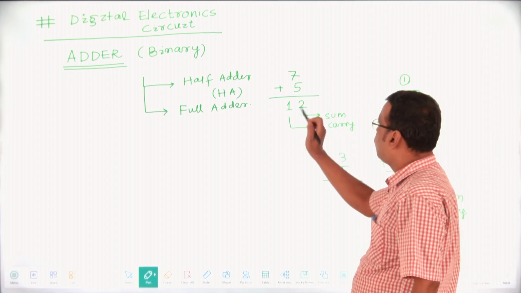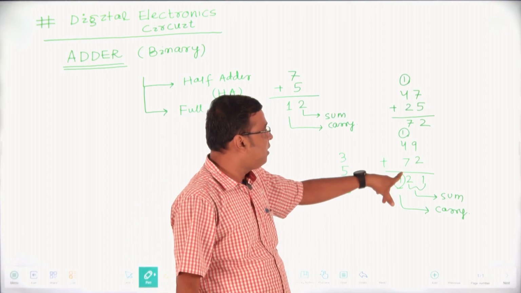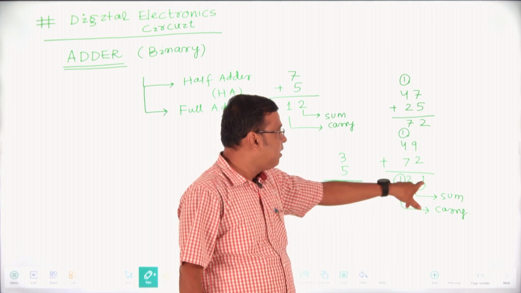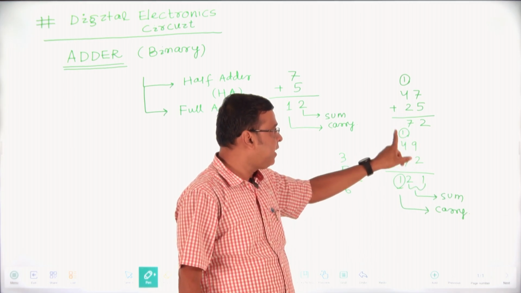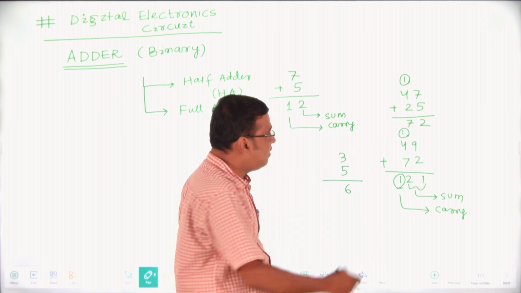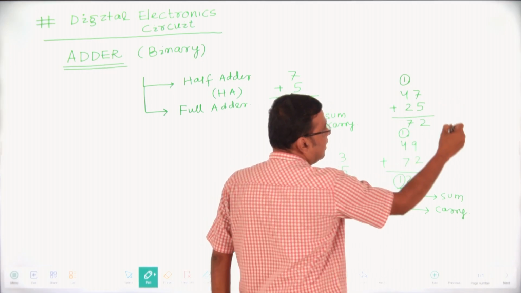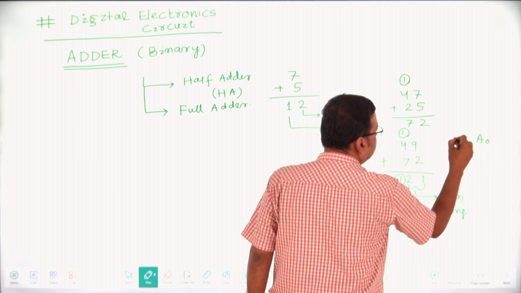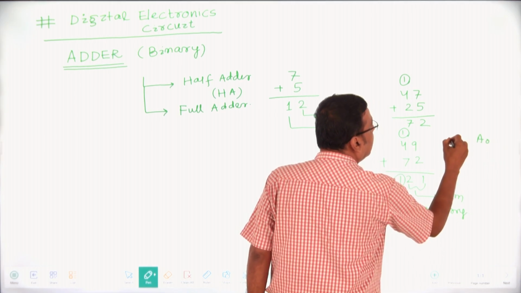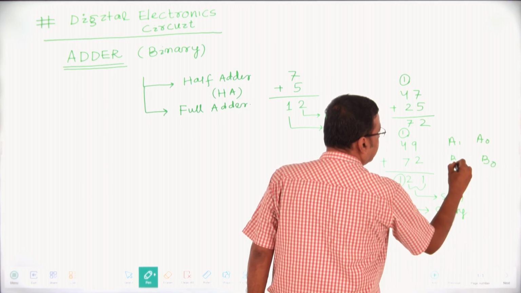But in case of a full adder, if you look at this one, 9 plus 2 is 11, that is carry 1. In the second digit, 4 plus 7 plus 1, the carry. In this second digit, the MSB, it adds 3 bits. Suppose this is A0, A1, B0, and B1.